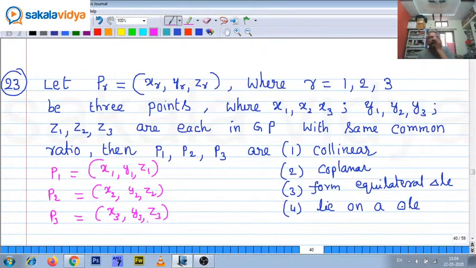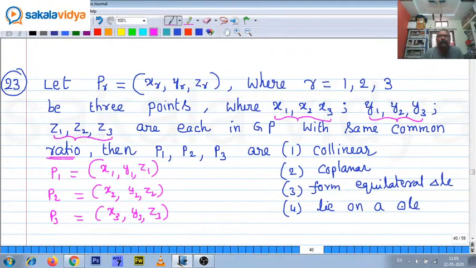Now what is given here? x1, x2, x3 are in geometric progression, y1, y2, y3 are in geometric progression, z1, z2, z3 are in geometric progression with the same common ratio. So we need to find whether P1, P2, P3 are collinear, coplanar, form an equilateral triangle, or lie on a circle. Option 1 is absolutely correct.